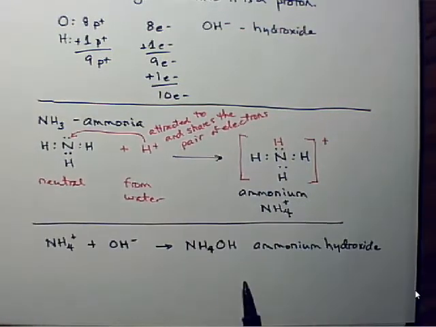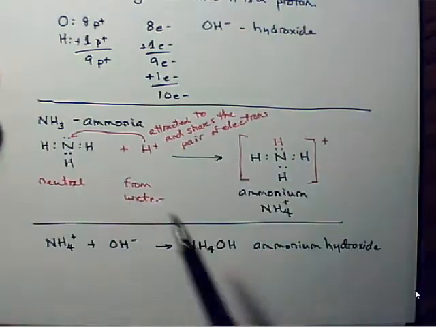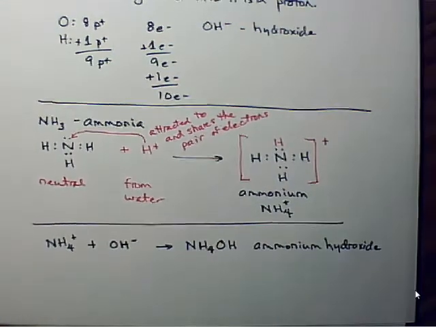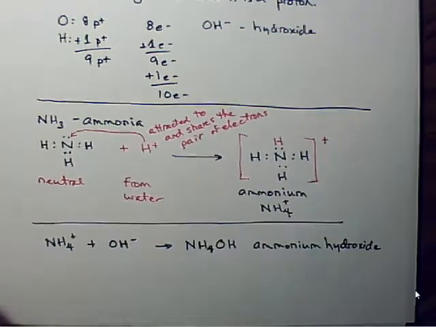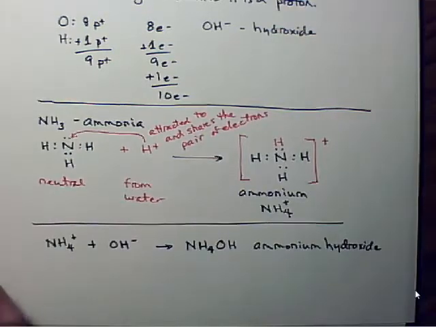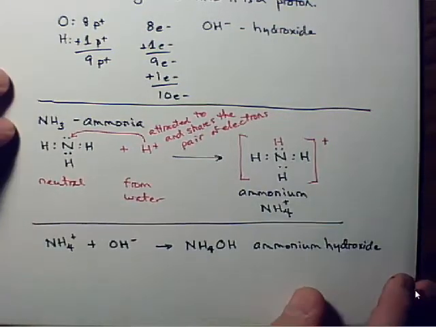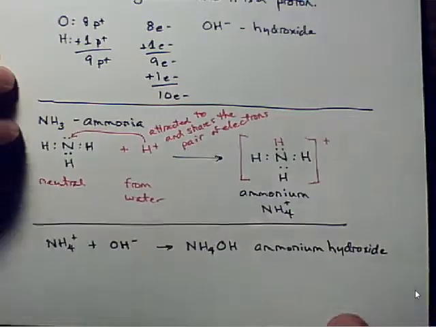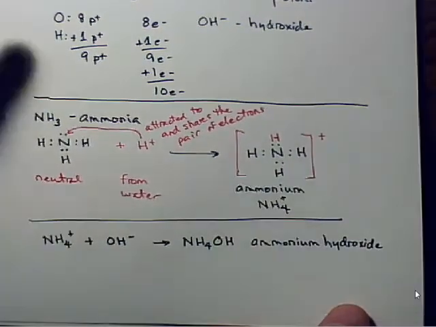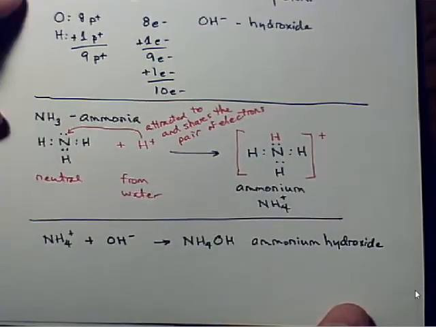Basically what happens is the whole reaction we've described here goes back the opposite way. The ammonia evaporates out with the water, and you don't get any ammonium hydroxide. Okay? Got all that?